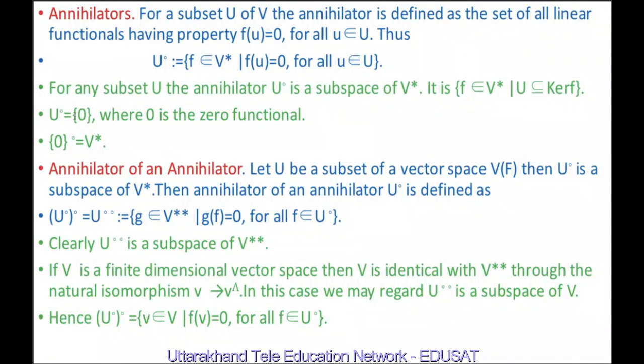And U dot is equal to the singleton set 0, where 0 is the zero functional, and the annihilator of the singleton set 0 is equal to V star.